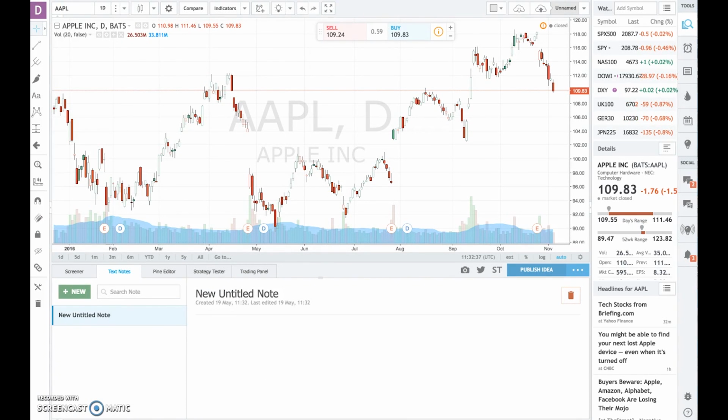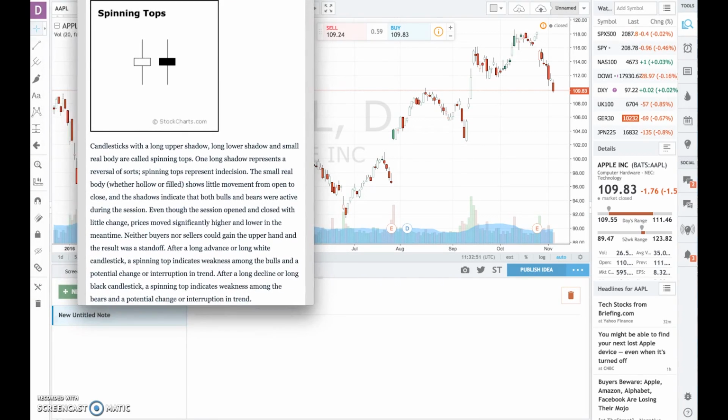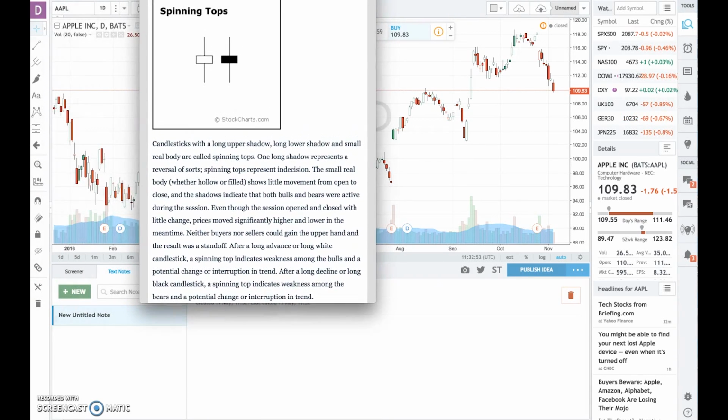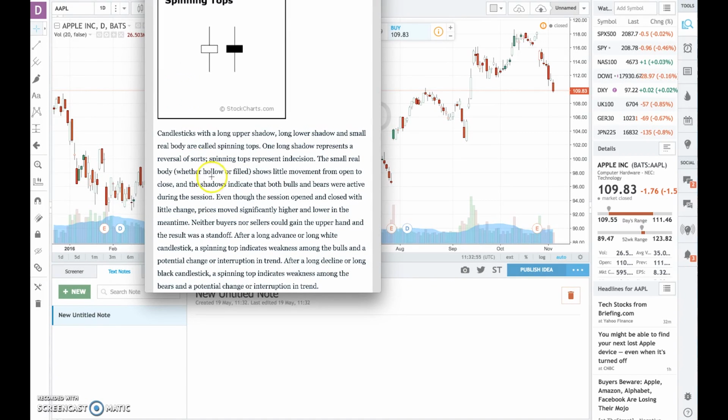Now, there's a lot more we can get into, and I don't want to, because this is our dummies guide, we're going to keep it simple, but we are going to talk next about spinning tops. Instead of even trying to show you on the graph, I'll just give you an idea of what they are right here. Spinning tops are candlesticks with long upper and lower shadows and a very small candlestick body.